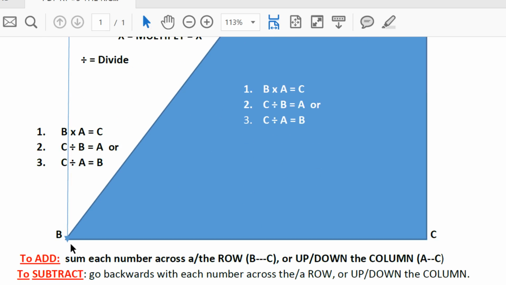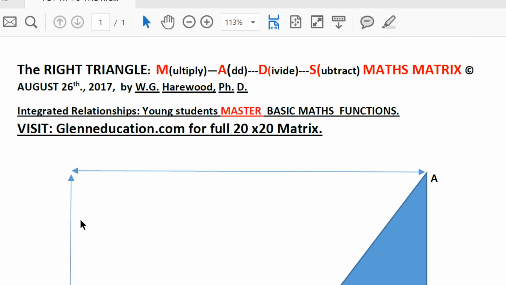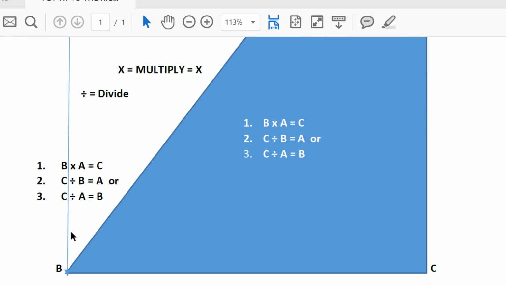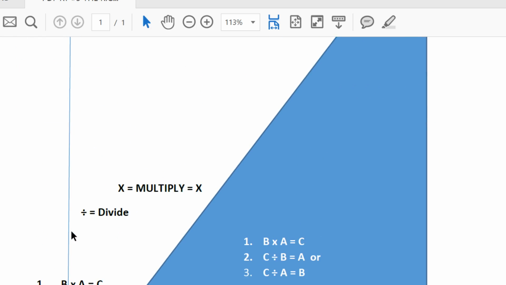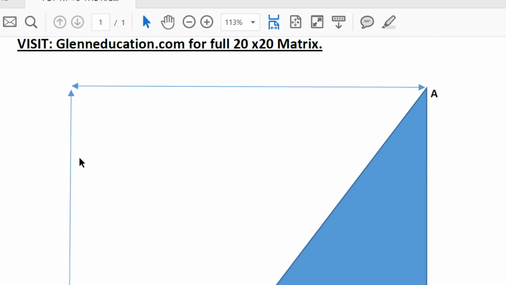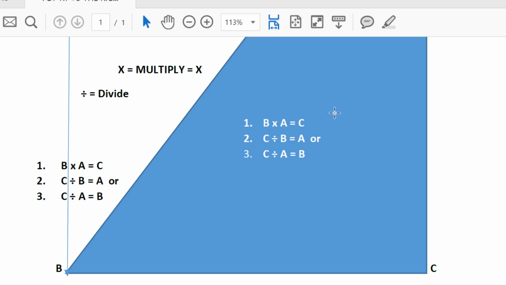If you take any number along the far column on the left hand side of this diagram, and multiply it by any number along the top horizontal row of this figure.